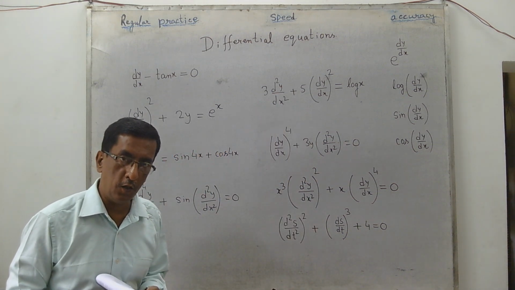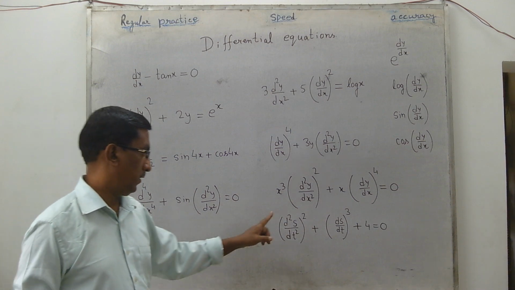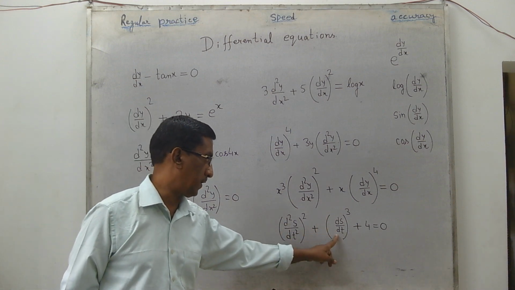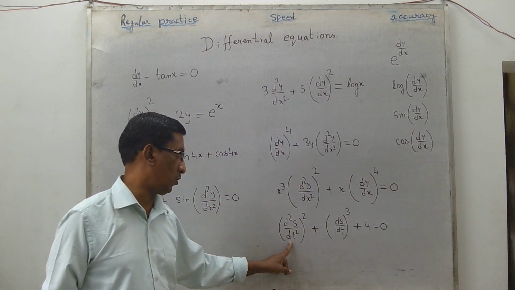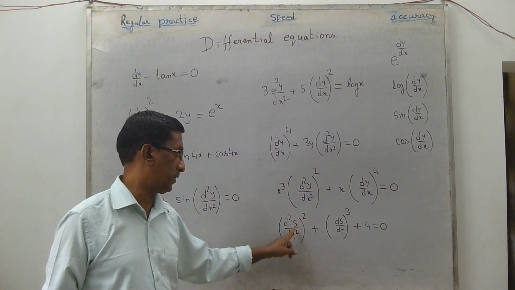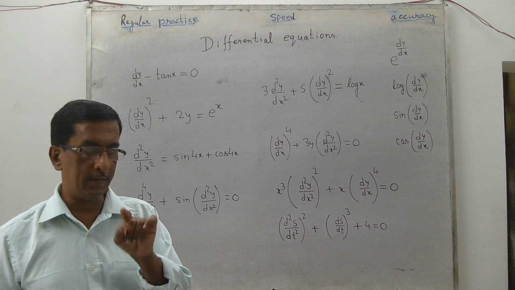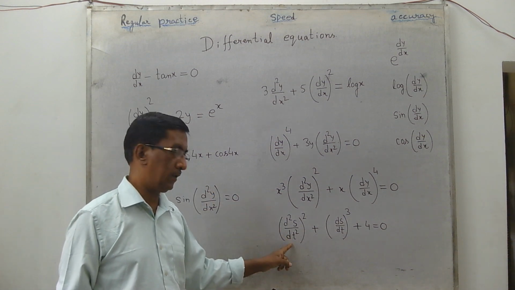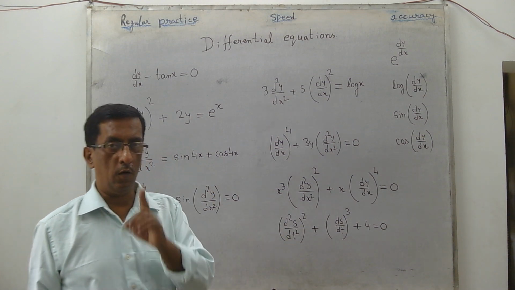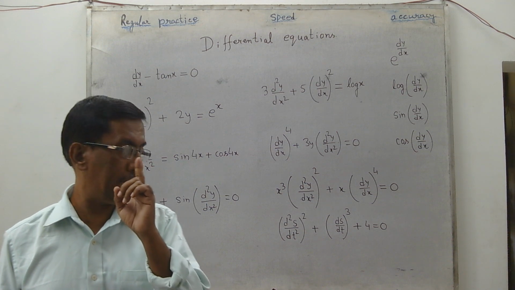This is the differential equation. This is second order, this is first order. We take the highest order and the degree of this highest order derivative is 2. So we can say that this is a differential equation of order 2 and degree 2.